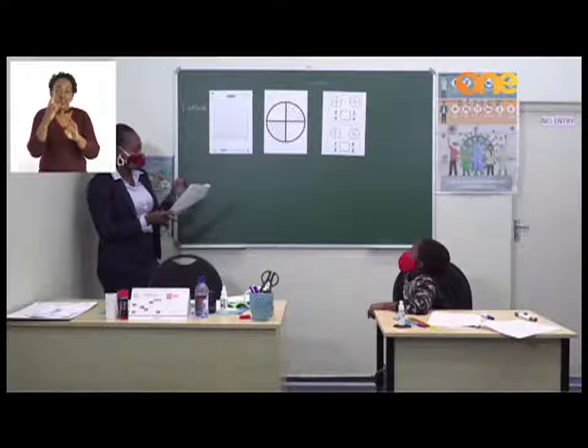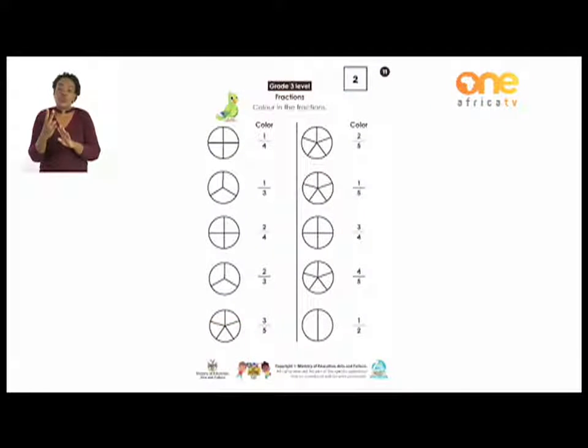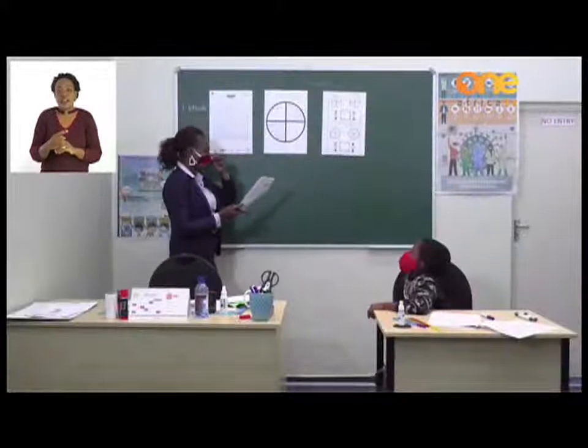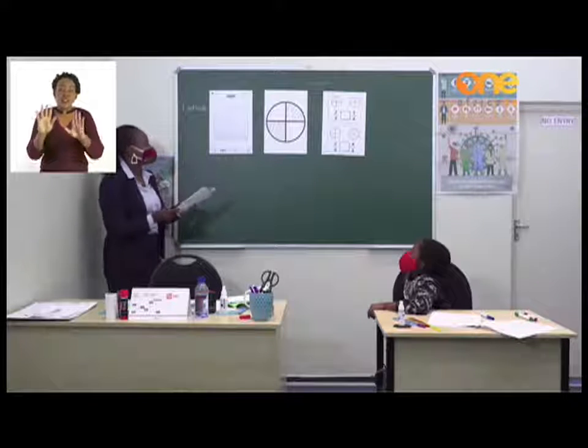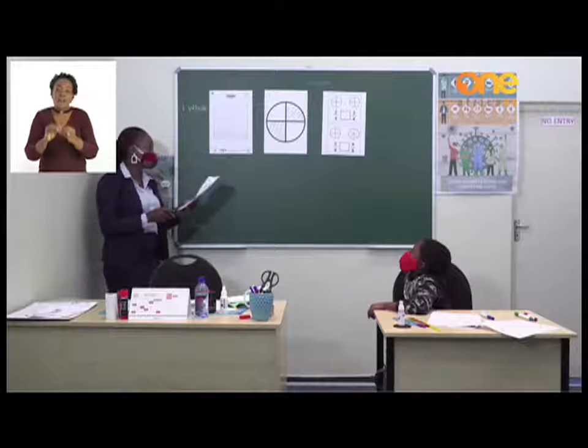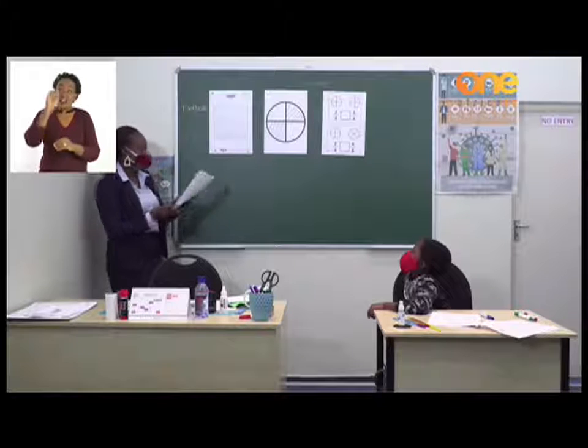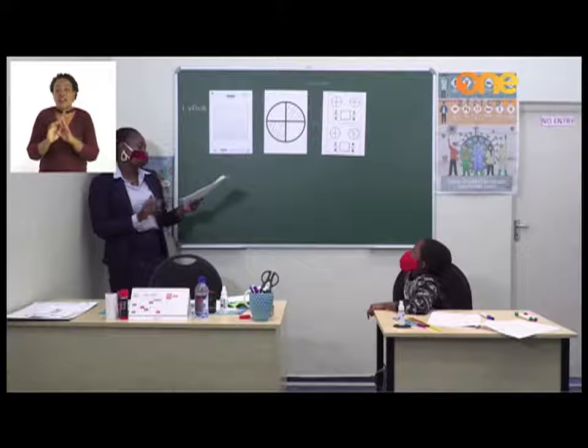I want you to do the rest. You draw a circle. You show me the number of parts. If there are 2 out of 5, it means there must be another one here. Then you color the number on top. 2 out of 5. Okay.